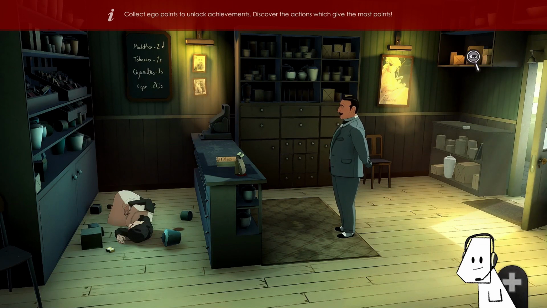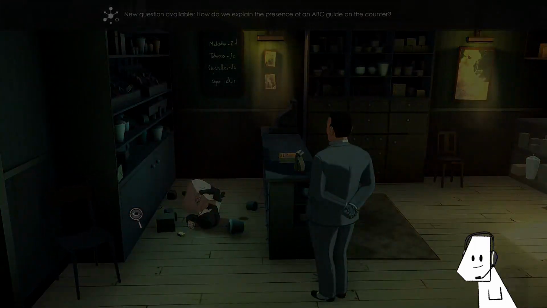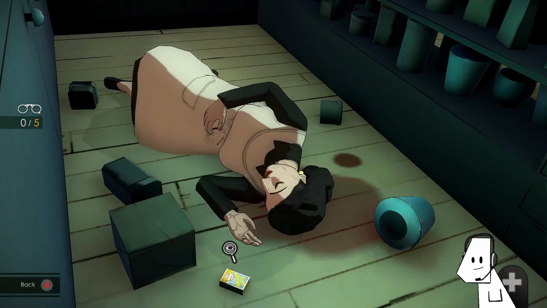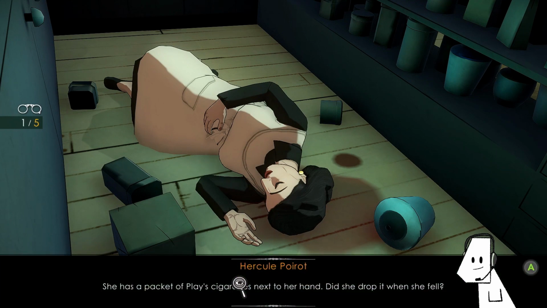Okay, now let's have a look. Is there anything else around before we look at the victim? Oh, there's stuff behind her as well. Five things to see. She has a packet of Player's cigarettes next to her hand. Did she drop it when she fell?